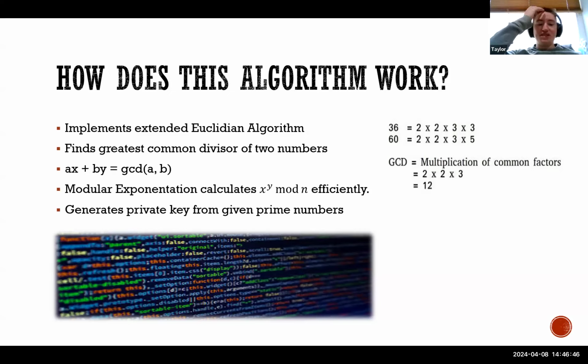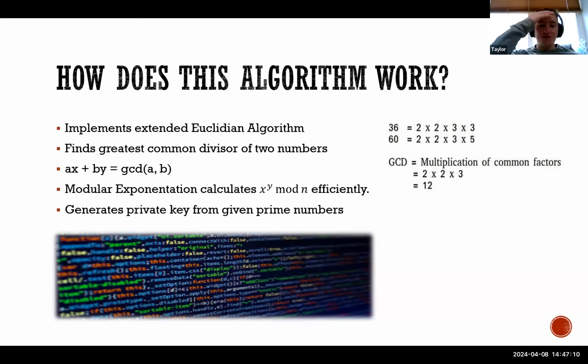After that, the modular exponentiation calculates x to the y mod n in a very efficient way using the square and multiply technique. And then it generates the private key, the private key d, which we'll see later.